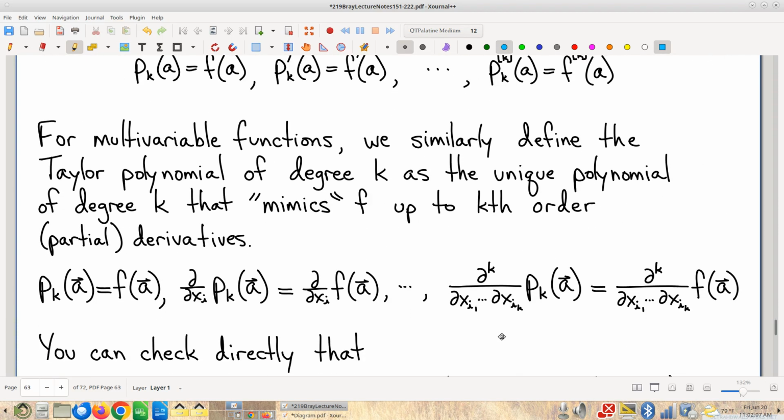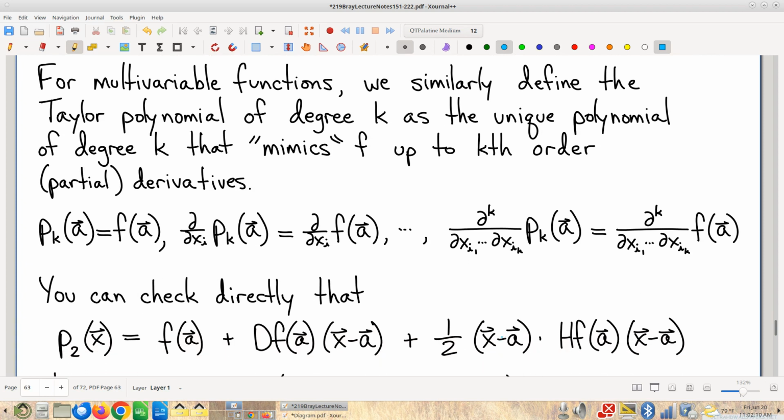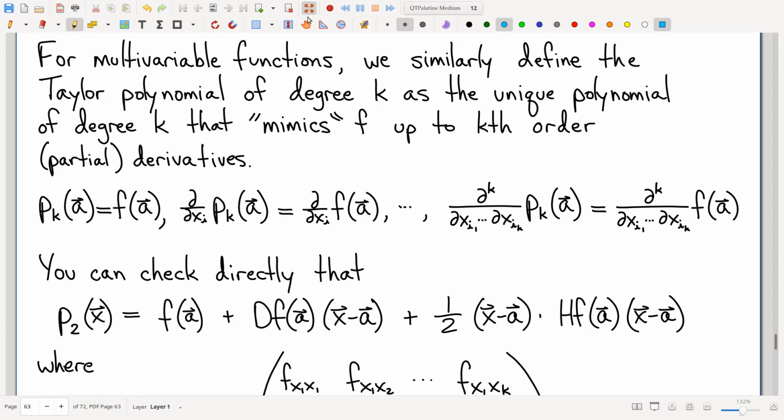Okay. All right. It's the same in multivariable. Totally same idea. Let me go full screen here. There we go. If you are looking at a particular function f at some point a in its domain, then you can talk about the unique polynomial of degree k that mimics that function.